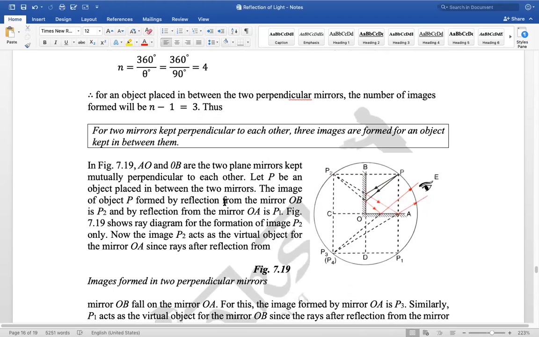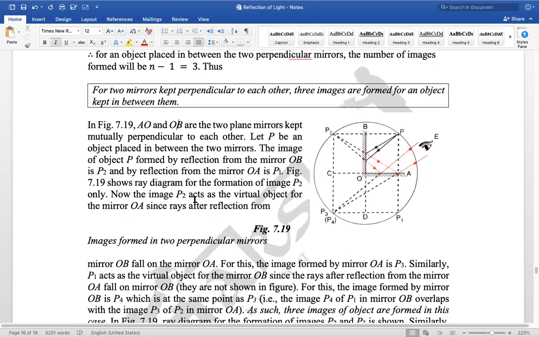So in figure 7.19, AO and OB are two plane mirrors kept mutually perpendicular to each other. Let P be an object placed in between the two mirrors. The image of object P formed by reflection from the mirror OA is P1. Now the image P2 acts as a virtual object for the mirror OA.